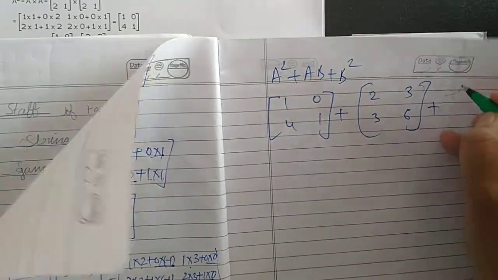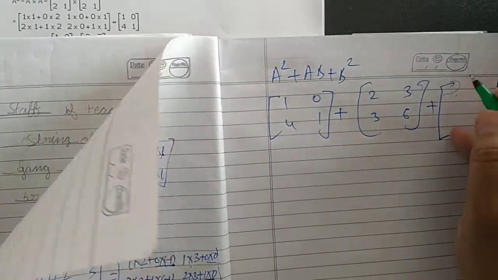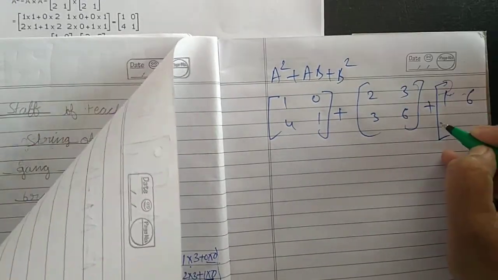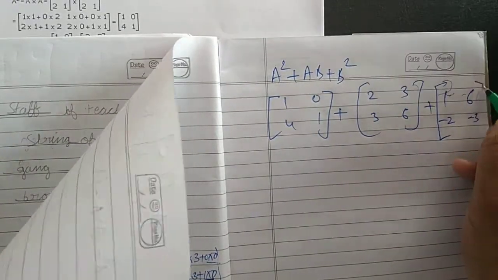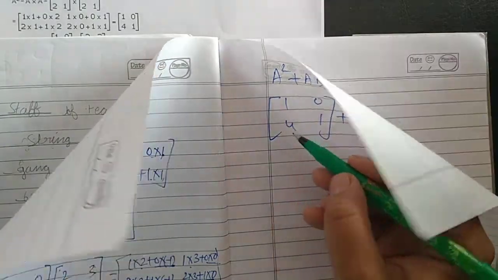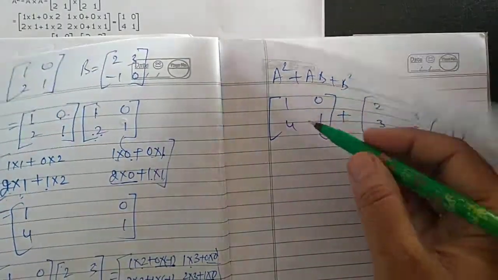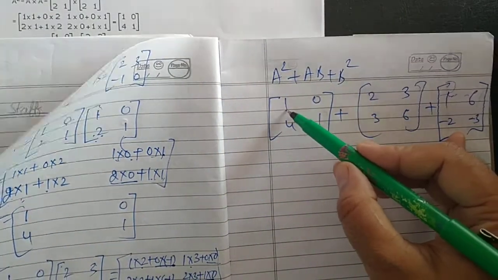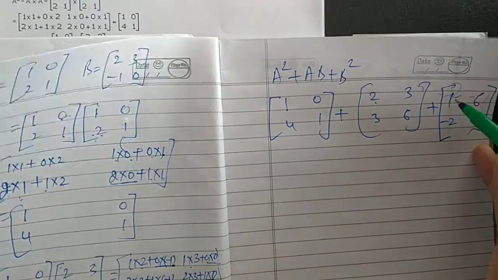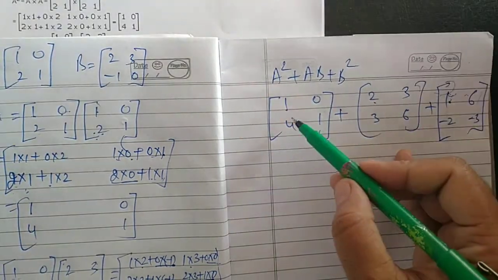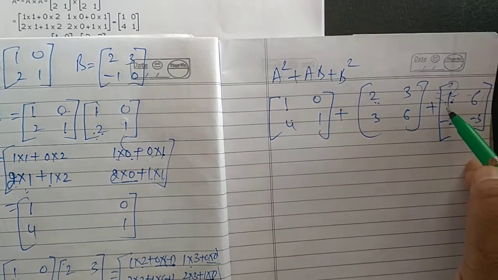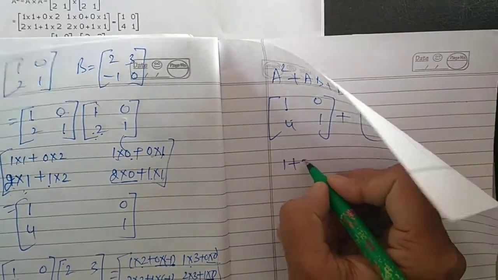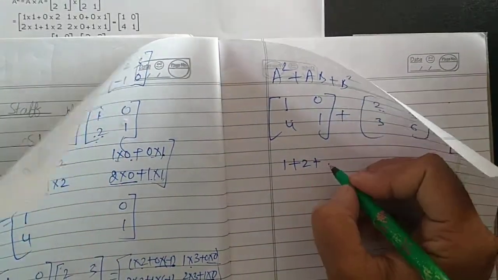Then B square is 1 6 minus 2 minus 3. So addition you know already. We have to add the corresponding elements of all the matrices, means 1 plus 2 plus 1.